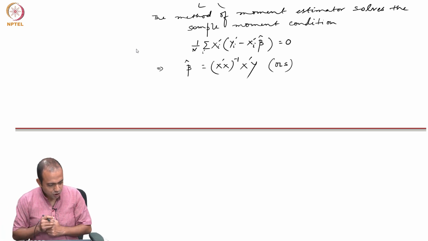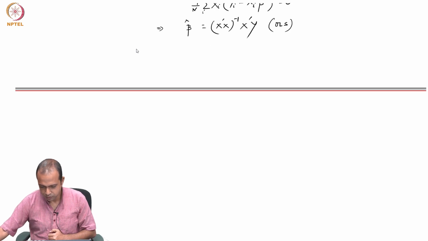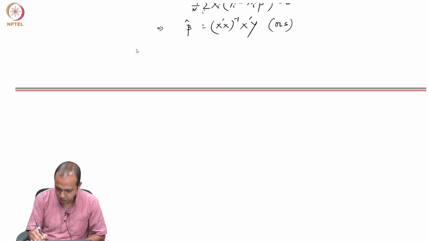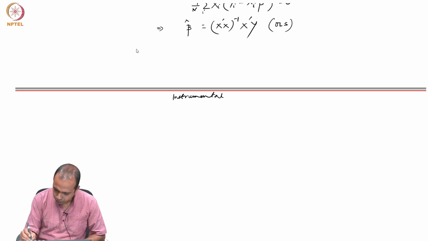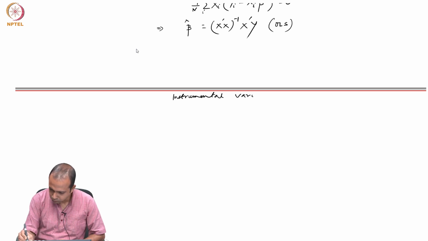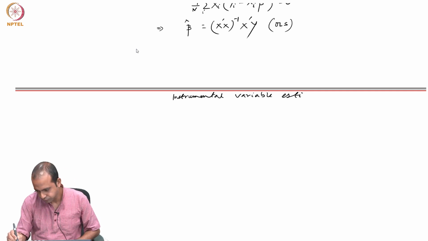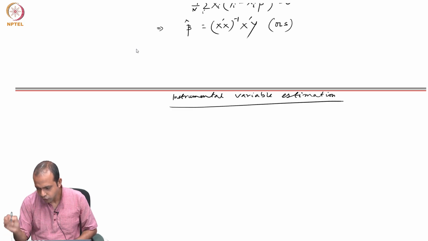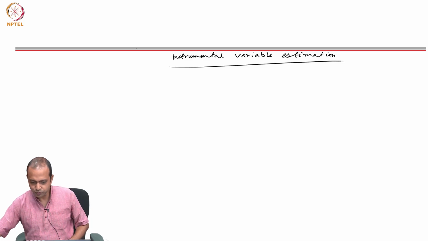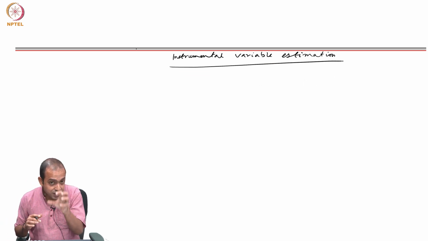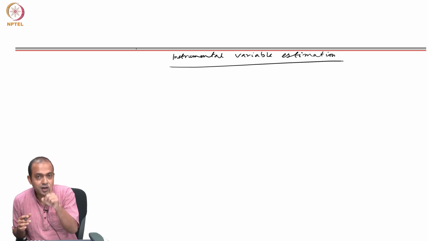Now I will come to instrumental variable estimation. In this instrumental variable estimation, the assumption in OLS was that no explanatory variable should be correlated with the error term.